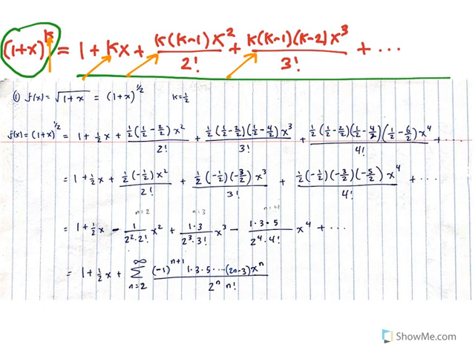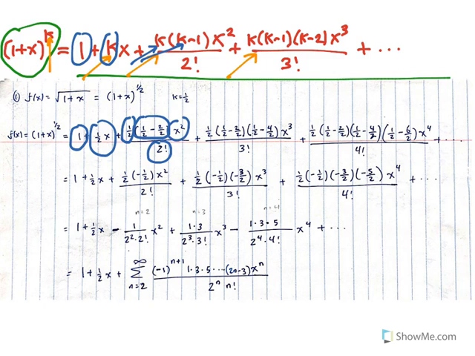So first we begin with 1, and then we write k times x. K is 1/2, so we have 1/2 x, and then we write k times (k minus 1), so I have 1/2 times (1/2 minus 1), which we can write as 1/2 minus 2 over 2, over 2 factorial, times x squared.